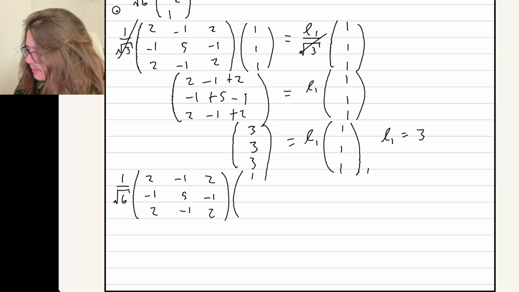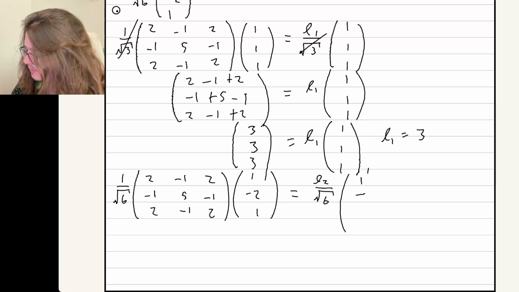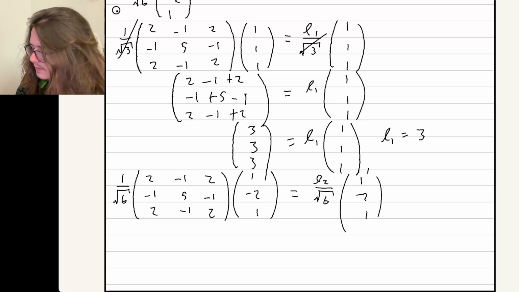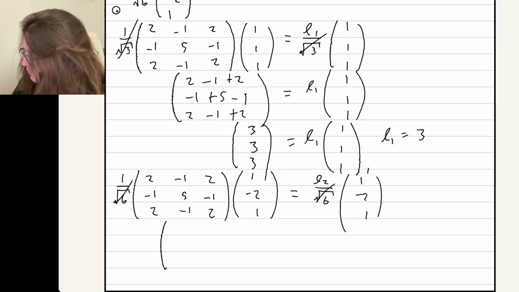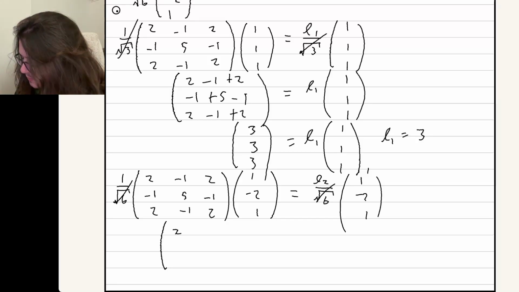So that was 1, minus 2, 1. On the left-hand side, we'll put it equal to L2 over root 6 times 1, minus 2, 1. And again, the normalization pieces cancel out.